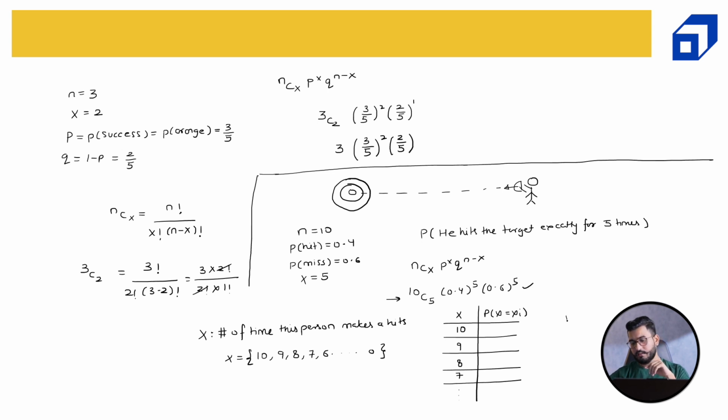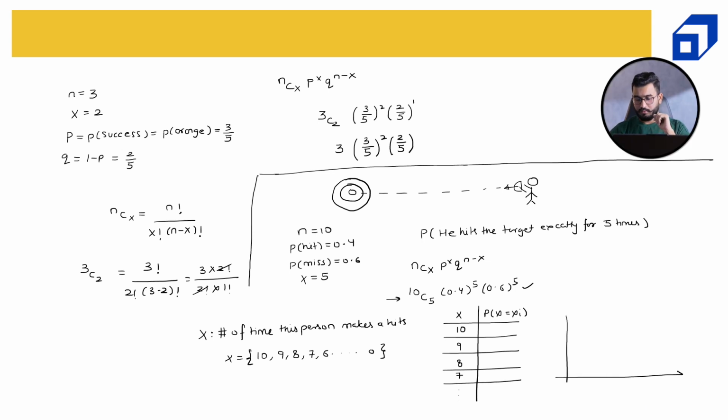And if I plot it as a mass function, with x here and p of x equal to xi here, then this will basically become the PMF of a binomial probability or binomial experiment. I hope everyone is clear about this. We can have a quick Excel example to demonstrate how this particular PMF looks. So let's look at an Excel example.